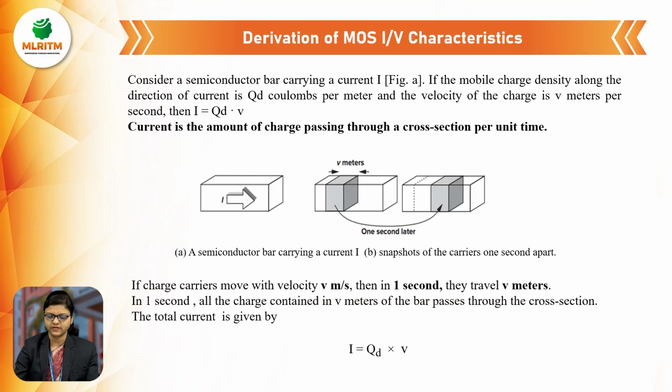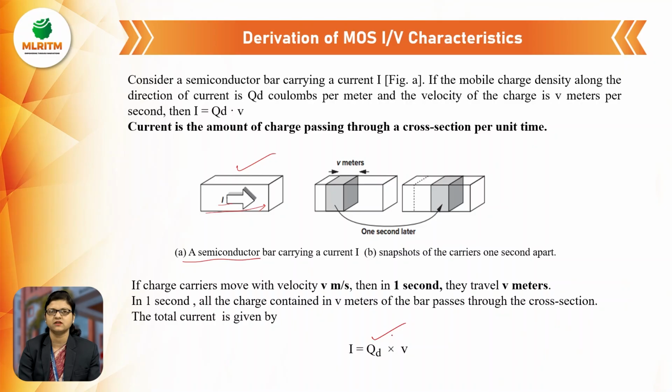So what we are basically doing in the derivation of this particular MOS IV characteristics is, how to begin. For that, we will consider a semiconductor bar. This is a semiconductor bar in which we have shown the current I that this bar is carrying, and it has a mobile charge density along the direction of the current, which we denote as QD.